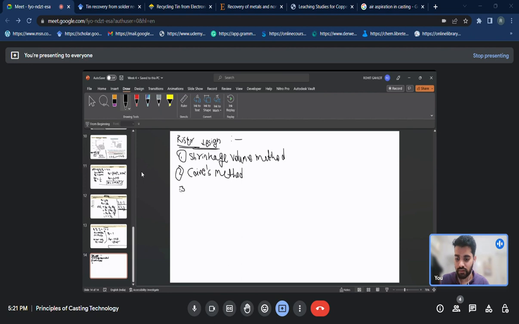Then the third is the modified Caine's method or Naval's method.